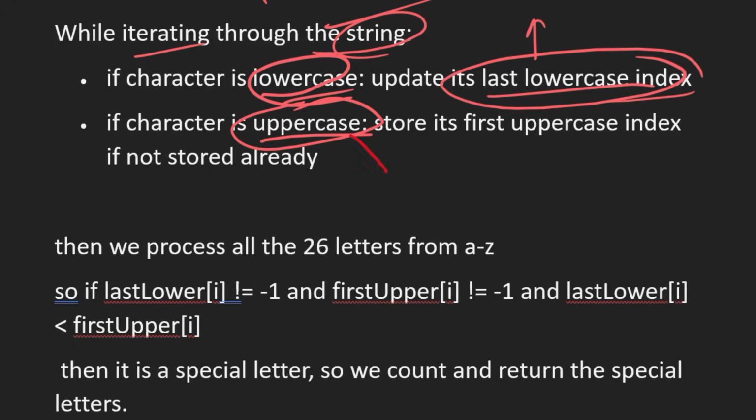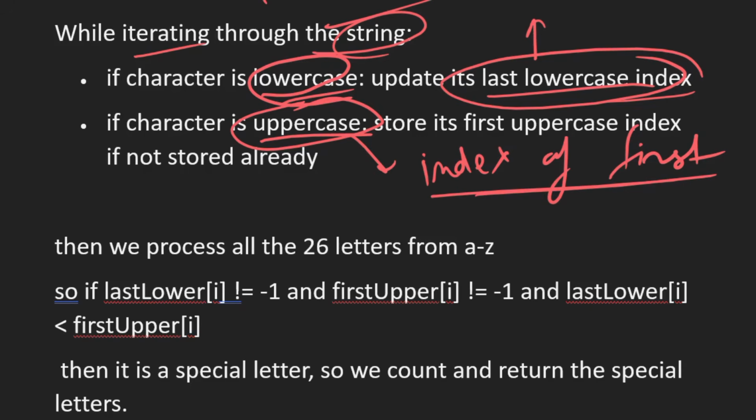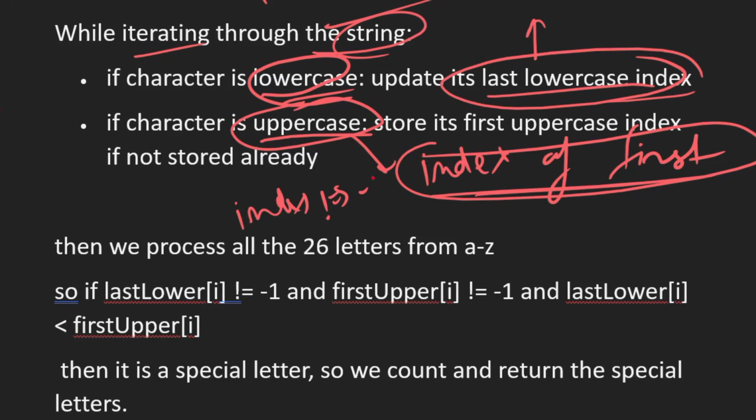if the character is uppercase, for uppercase we need the index of the first one. So first we check whether this character is already present or not, right? If the index is equal to -1, that means it is not present yet, then we store this index.